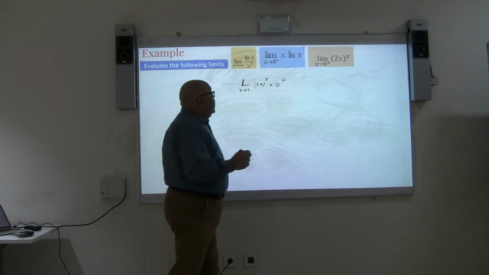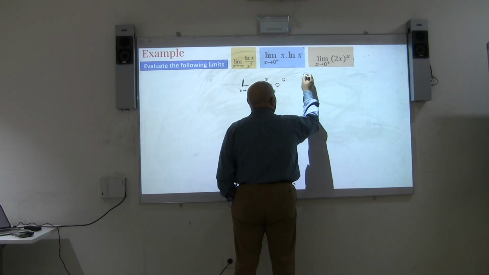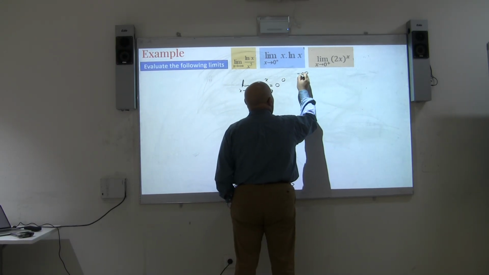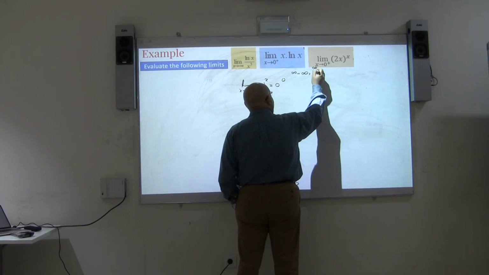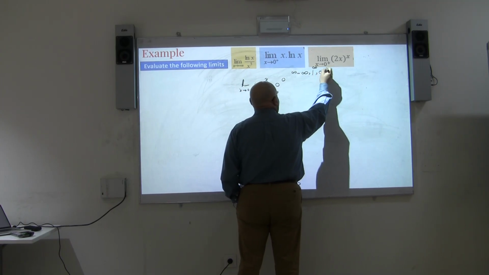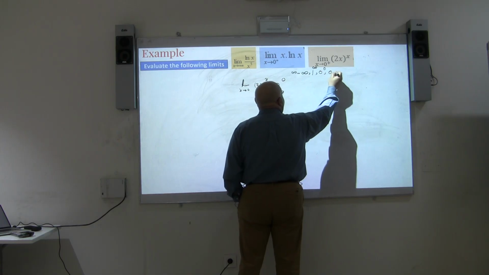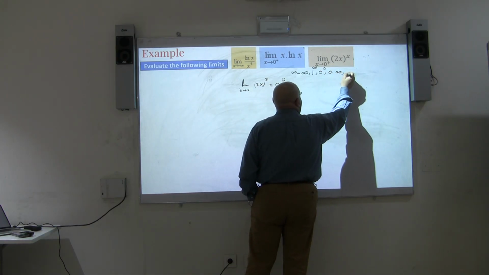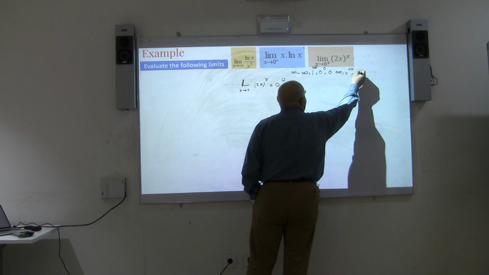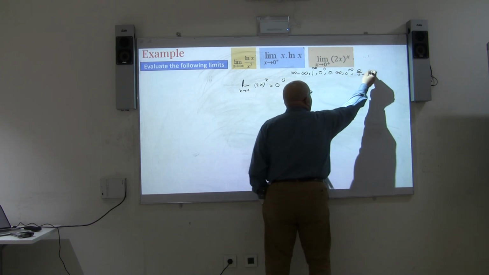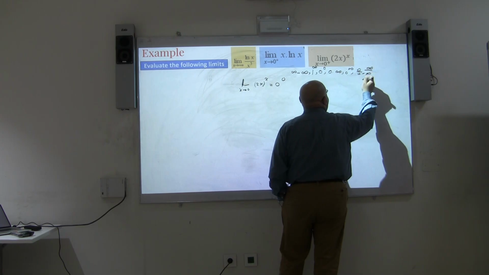Yes, okay. Let's remember that we have some of the undefined quantities. This is one of them. 1 to the power of infinity, 0 power 0, 0 dot infinity, 0 to the power of infinity, and then 0 over 0 and infinity over infinity.